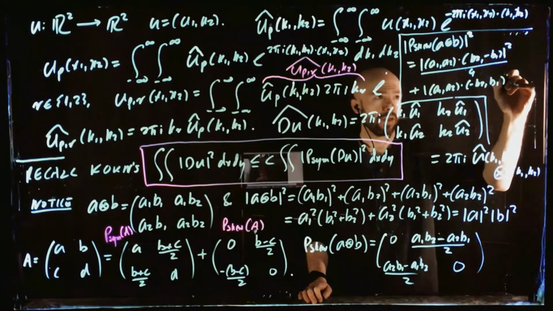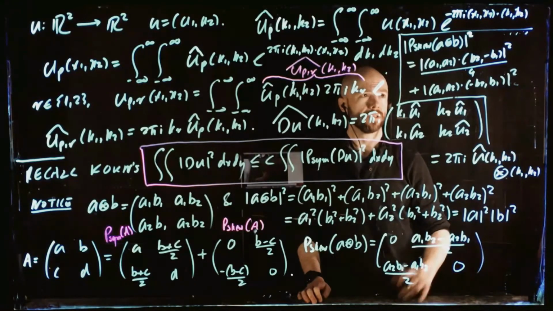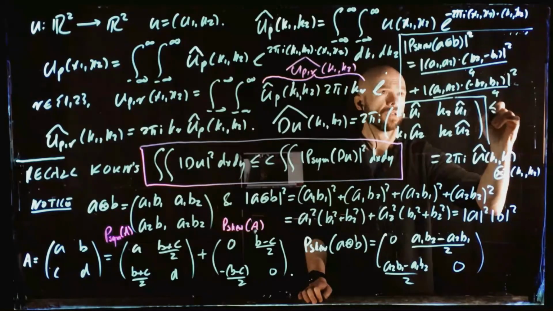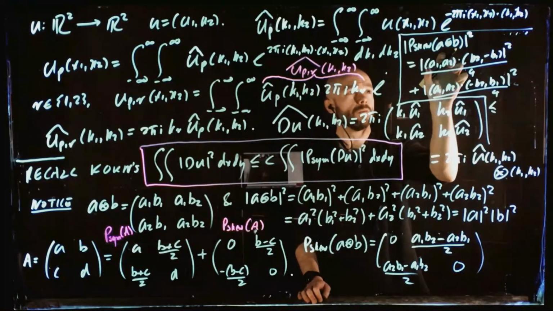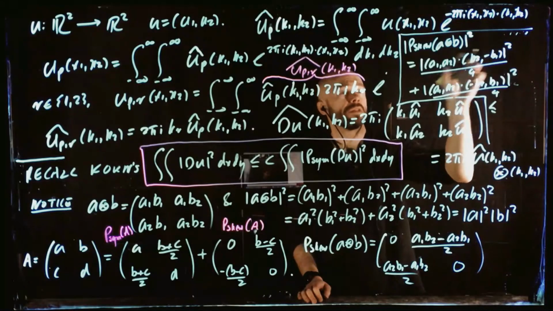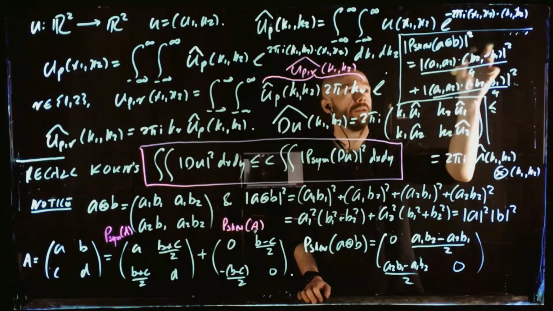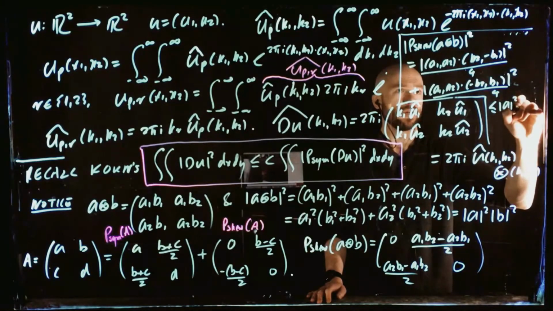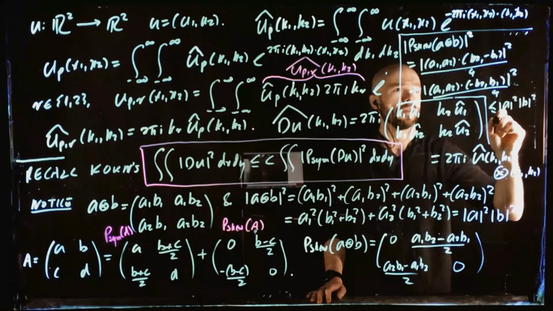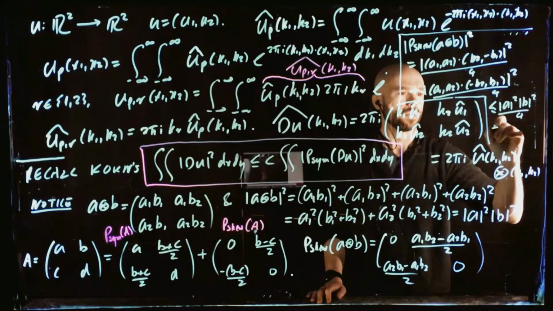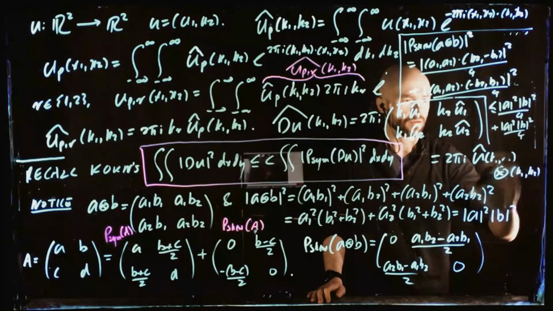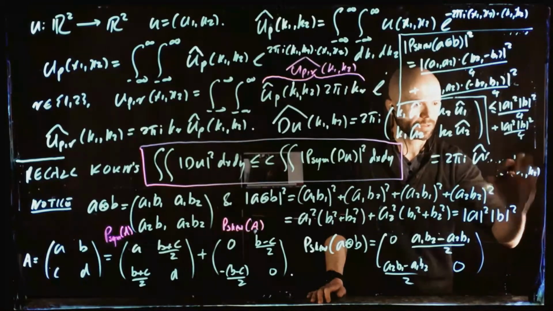Squared over 4. What is this? Well, the inner product squared is less than the norm of this thing squared times the norm of this thing squared. So this is less than A squared B squared over 4 plus the same thing, A squared B squared over 4. All of this is therefore less than A squared B squared over 2.